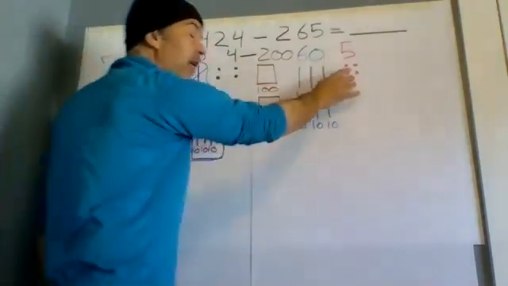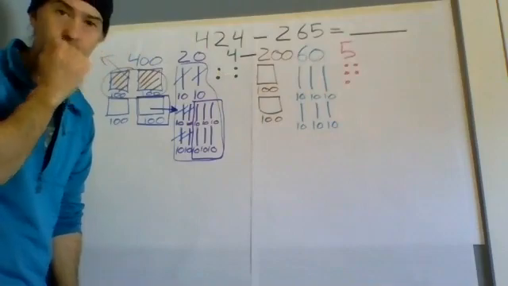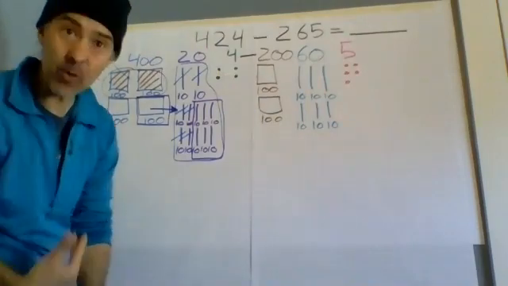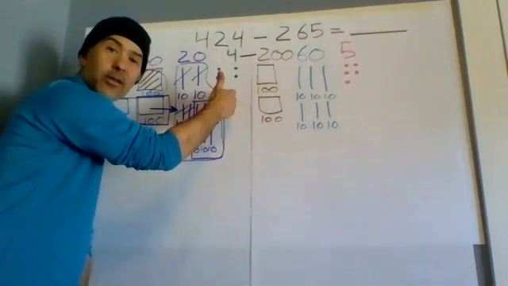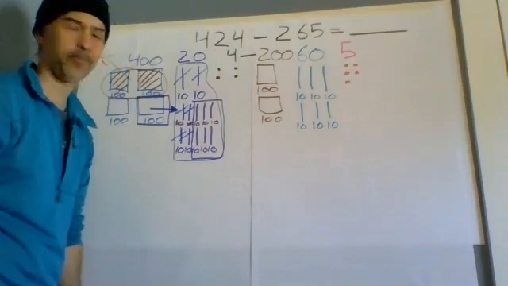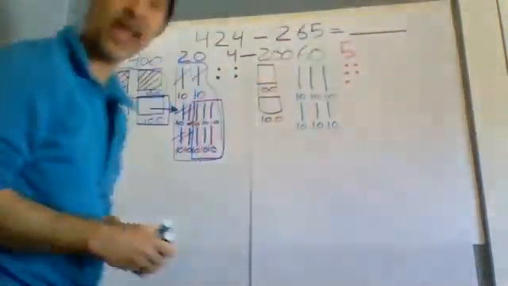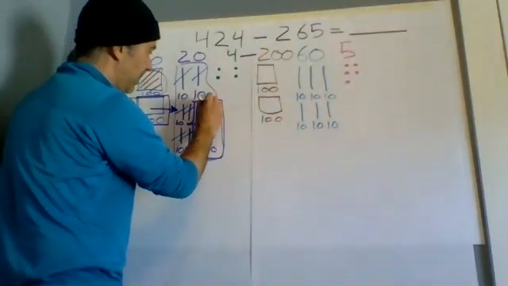Can I take 5 ones from 4 ones? I can't. I have the same question. How can I now get more ones? Where do I get those from? Well, what if I take one of my tens?